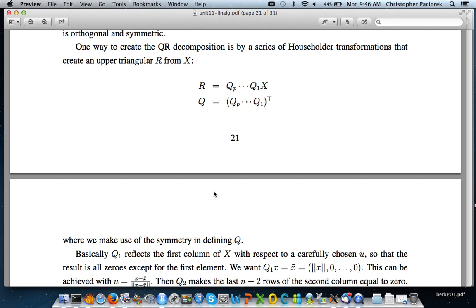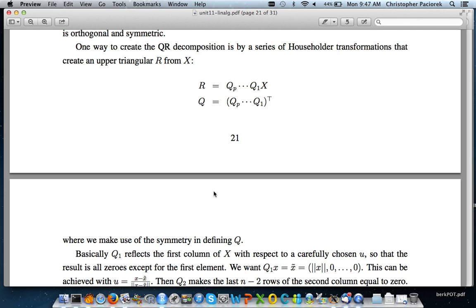And the goal of that is to produce a new matrix that is, again, a lot of the difficulty here is just doing the bookkeeping.